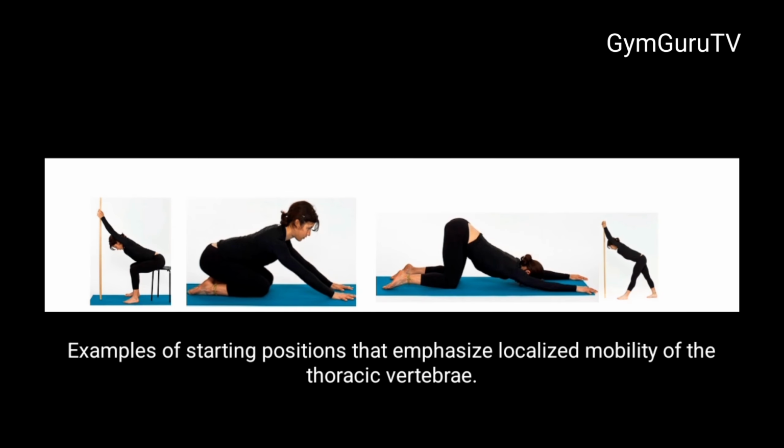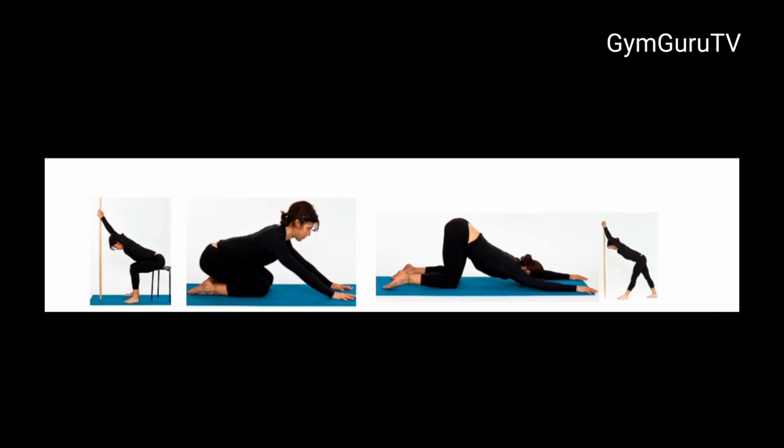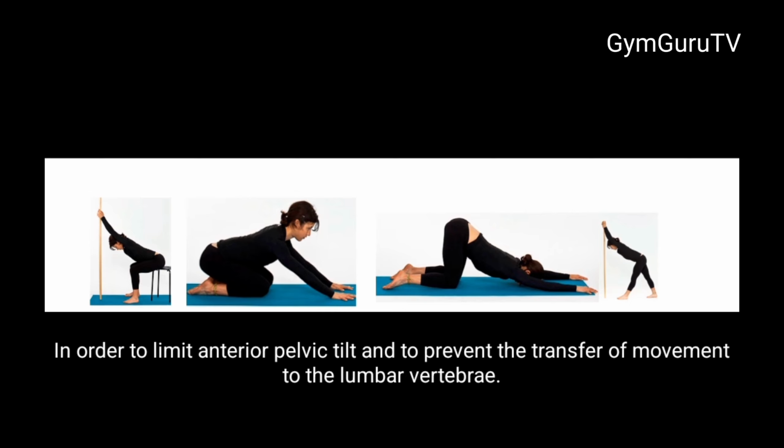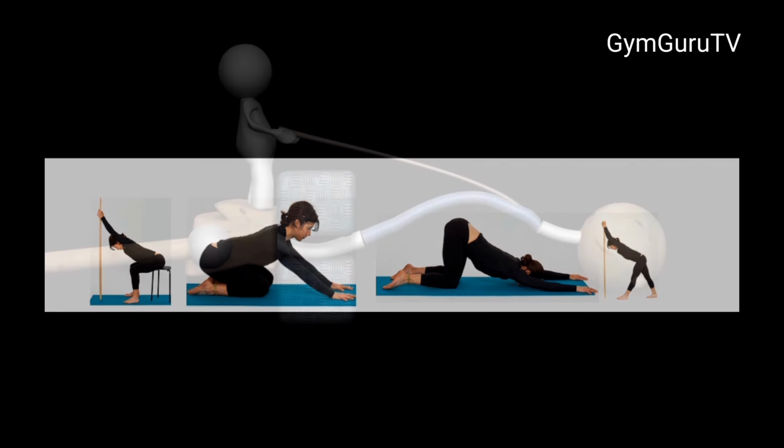Examples of starting positions that emphasize localized mobility of the thoracic vertebrae. What is common to all the starting positions is a position that entails hip flexion of more than 90 degrees in order to limit anterior pelvic tilt and to prevent the transfer of movement to the lumbar vertebrae.